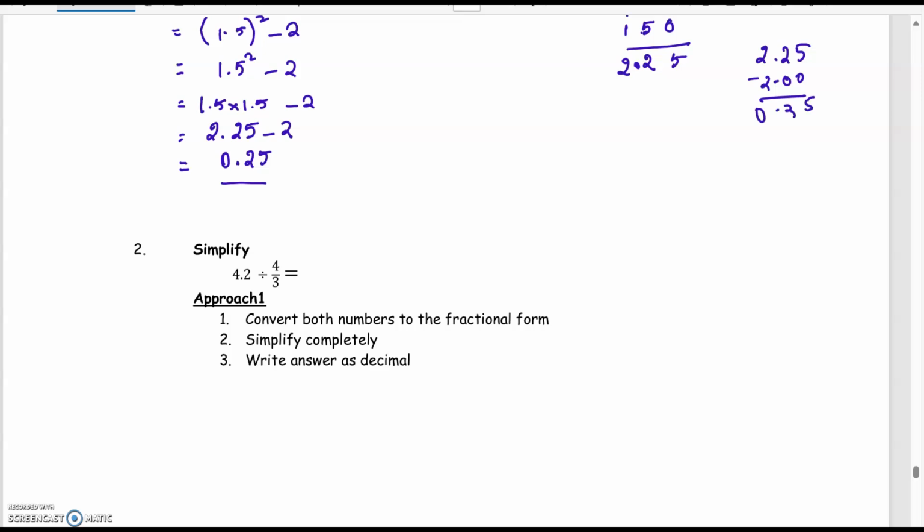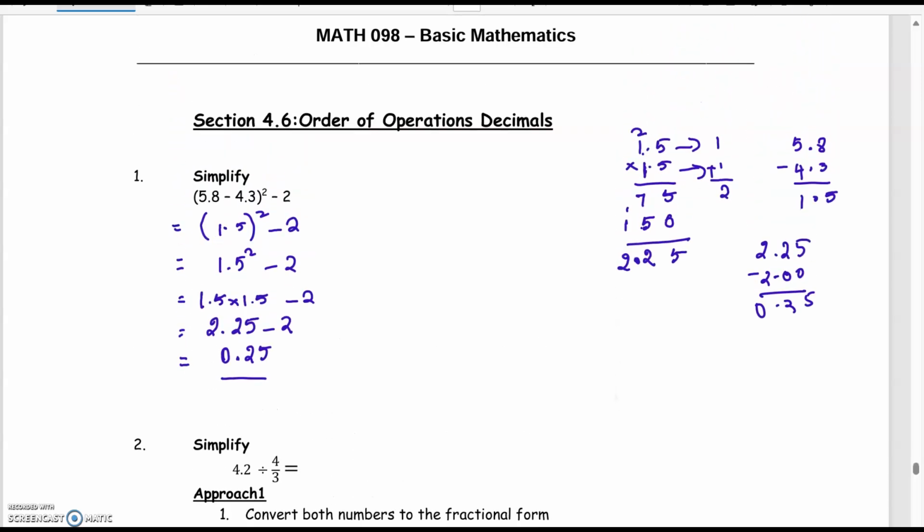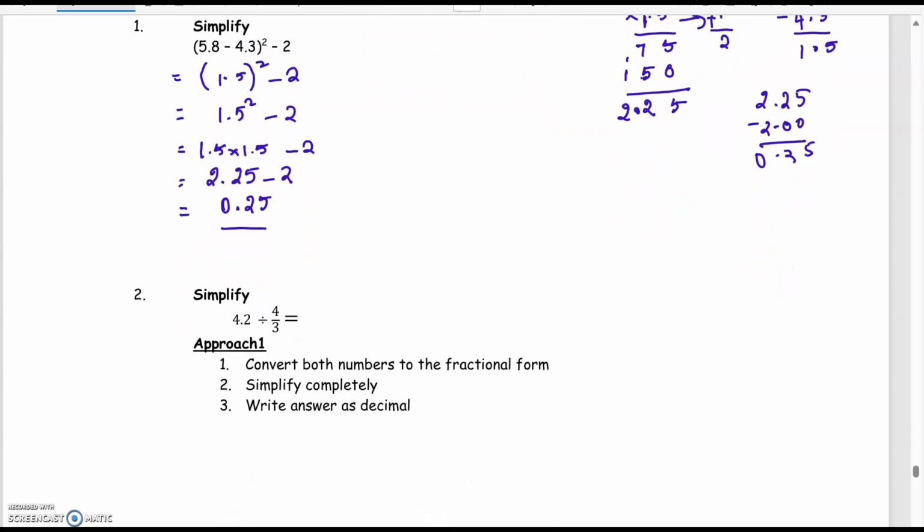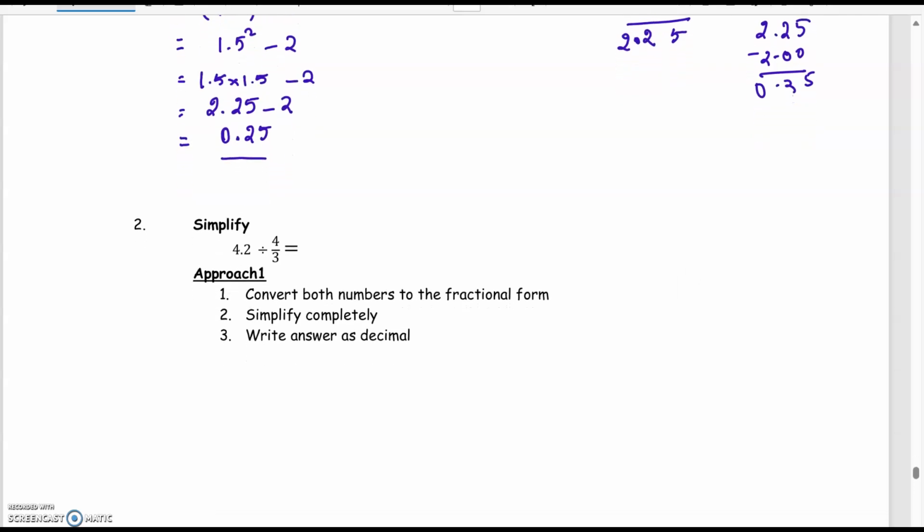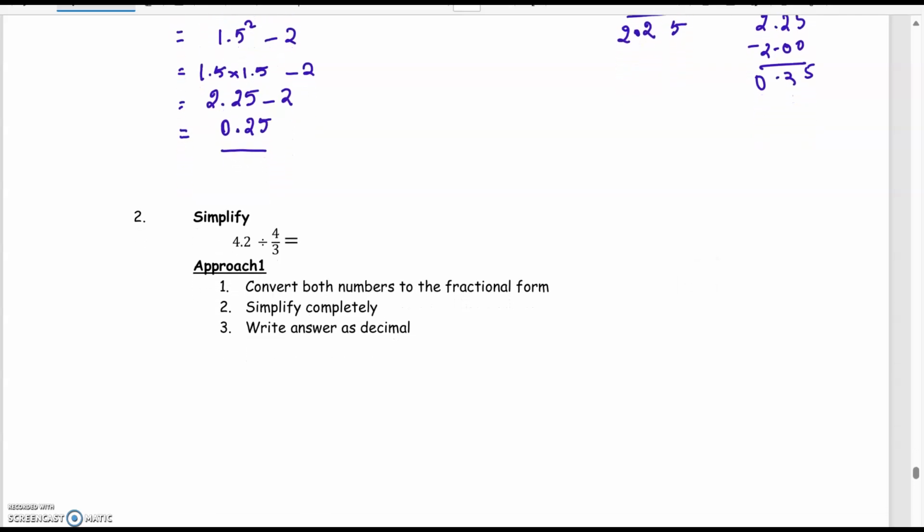So we have a fraction and we also have a decimal. So let's see. 4.2, and since that's a fraction, we multiply with the reciprocal.